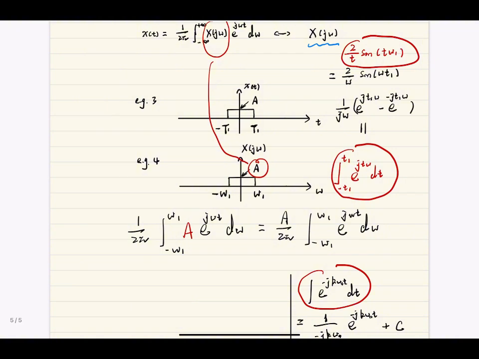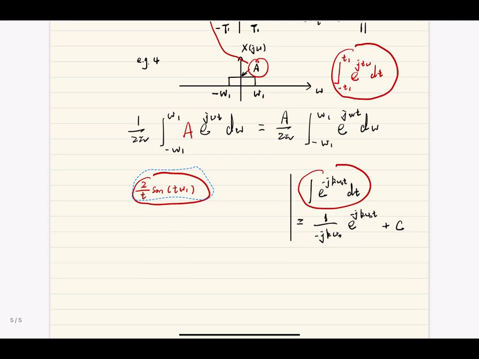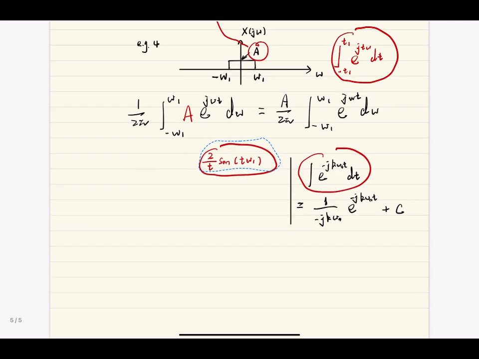This is the final result, let's move it. Eliminate 2. You can see A sine omega 1 t over pi t.